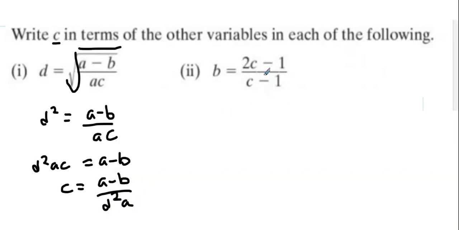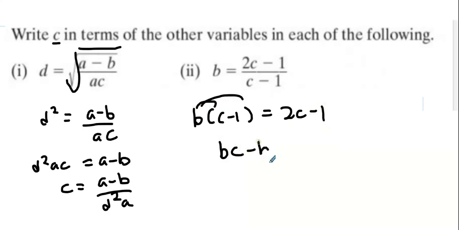Okay, now this question here, this one here, guys, you're going to multiply by c minus 1, which is division on the right, turns into multiplication on the left. The c is trapped in the bracket, so it means we're going to multiply it out. We're going to get bc minus b equals 2c take 1.